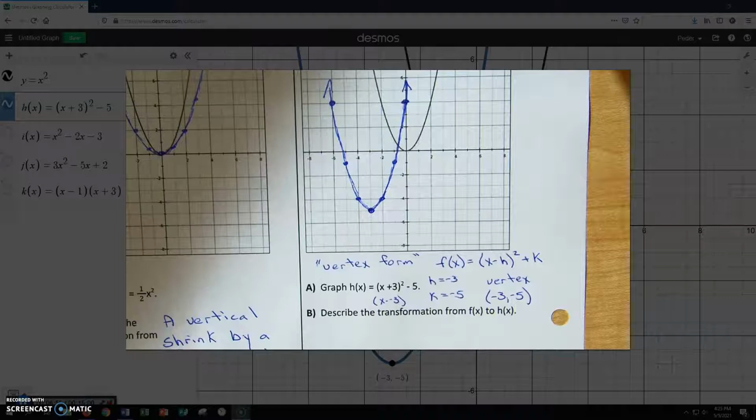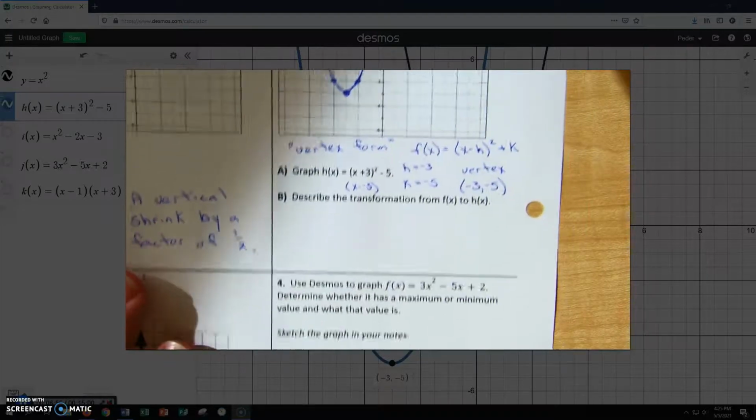All right, I've now transferred it over. Notice it is right where I thought it was going to be. The vertex is at -3, -5. But to describe the transformation, I'll move this down.